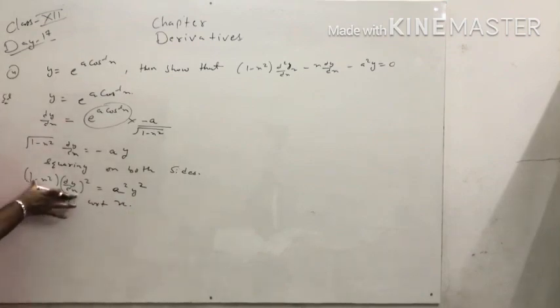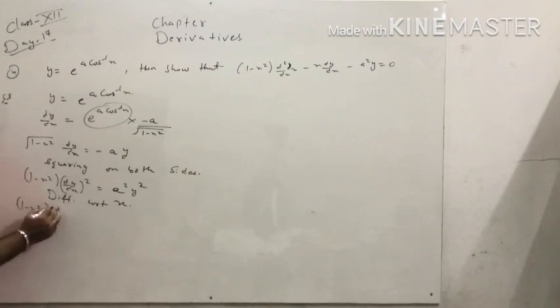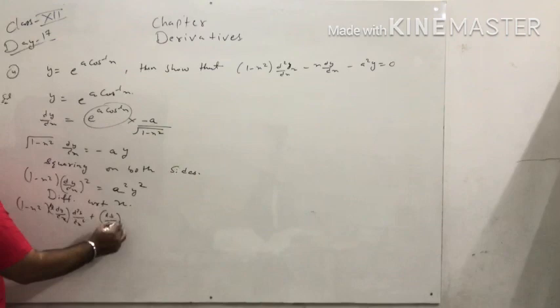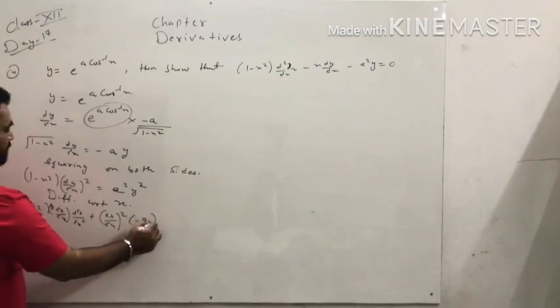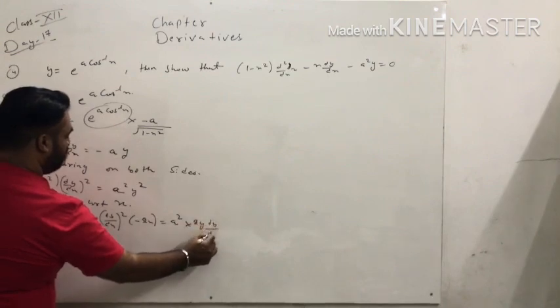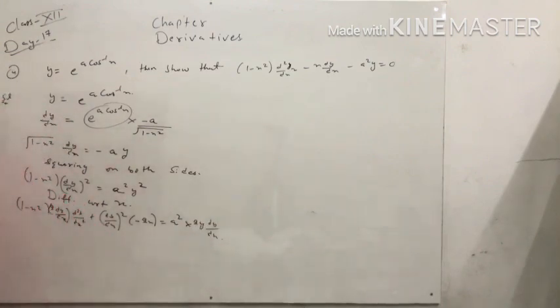Now again product rule, the two terms: first term same, the derivative of second term, plus second term same, the derivative of first. a square is constant, the derivative of y square is 2y dy/dx. Now common elements, the common elements are again 2 dy/dx.